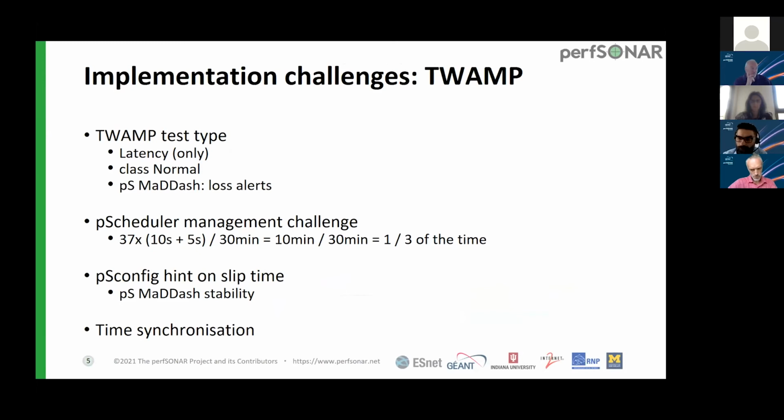Here is a calculation that I made: if I have 37 routers, each of them from a perfSONAR node, and I want a 10-second test, accounting for some 5 seconds of transition time between the tests, and I do these tests every 30 minutes, then for 37 tests I will have something like 10 minutes of utilization each 30 minutes.